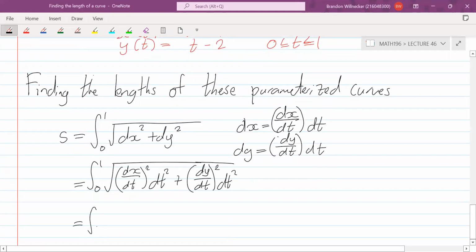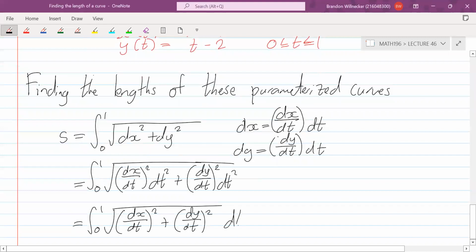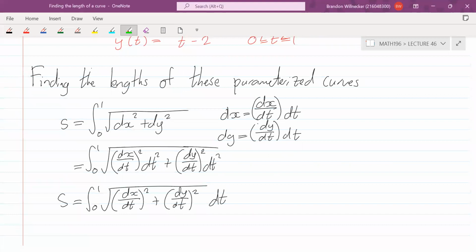So this becomes the integral from 0 to 1, square root of dx by dt squared plus dy by dt squared, dt. And this is our second arc length formula, but this time with a t parameterized curve.